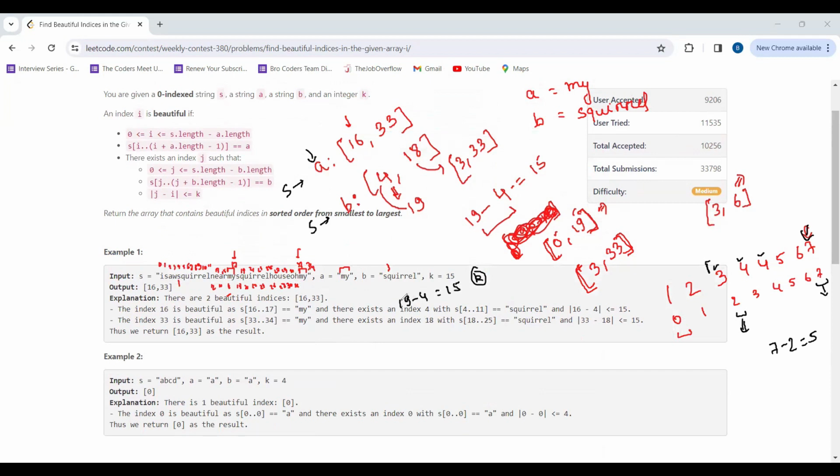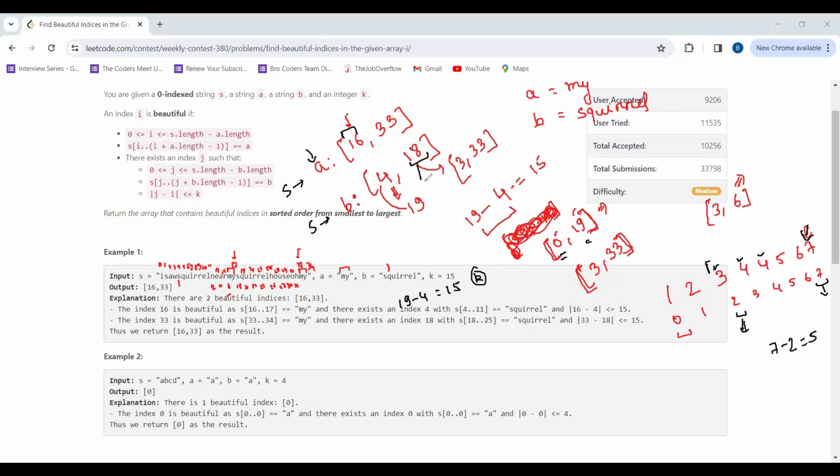So you need to find that the difference here is 15. For that, in what range can it accept a number? So it can accept a number in range from 0 to 19. And in 0 to 19, how many elements do we have? We have got one element, which is 16. Now for 18, what's the range?